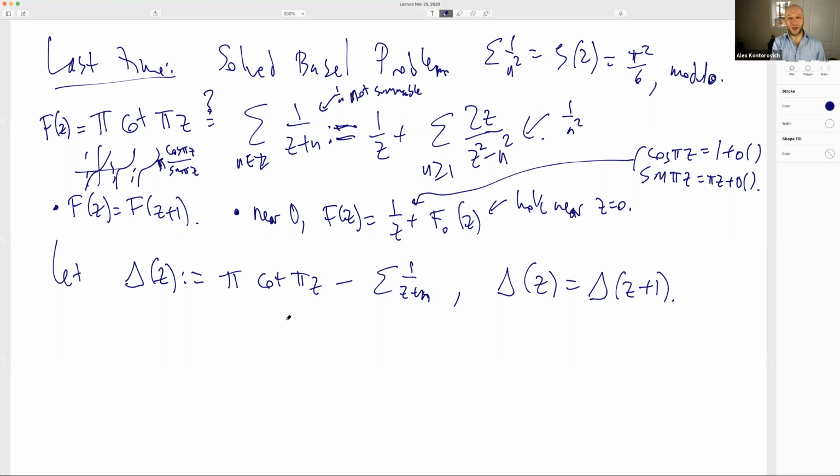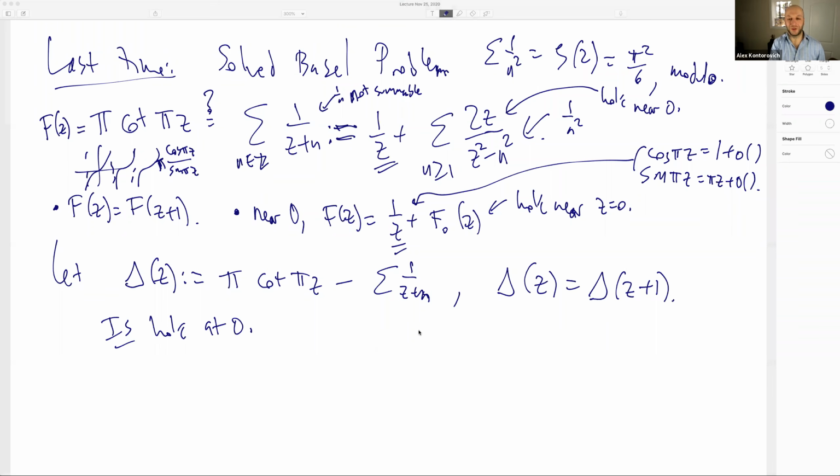And look at what we've done. This is nice and regular near 0. So this starts out as 1 over z plus something holomorphic. This is not holomorphic everywhere, it has poles, but it is holomorphic near 0. So both of these start out as 1 over z. And so when we take their difference, this delta is holomorphic at 0.